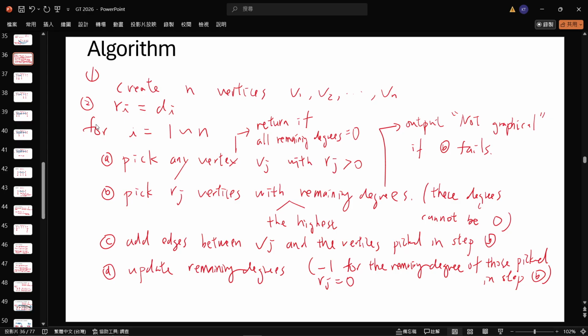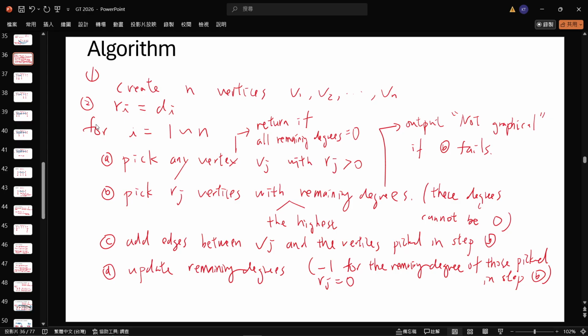And then we repeatedly pick a vertex and pick the neighbors for the vertex, okay? Crucially, for step A, we can pick any vertex we want, but when we pick its neighbors, we have to be careful. We need to choose the neighbors that have the highest remaining degrees.